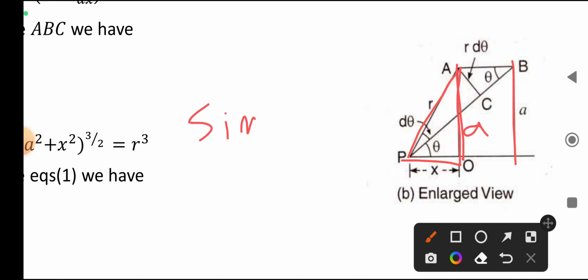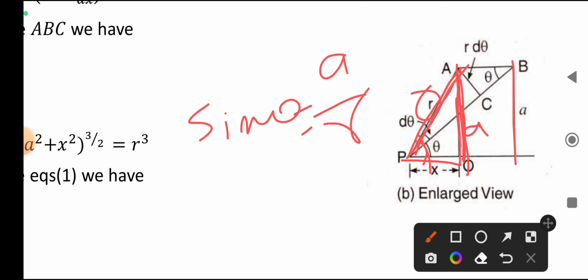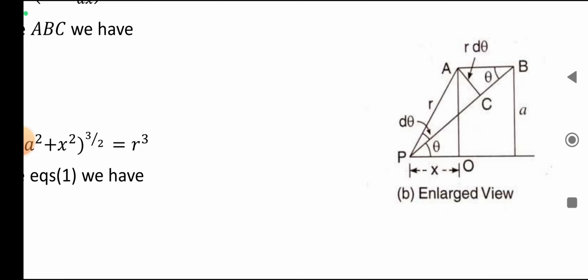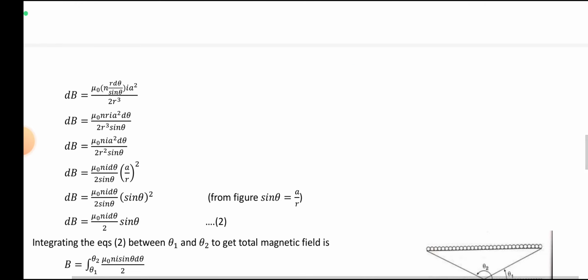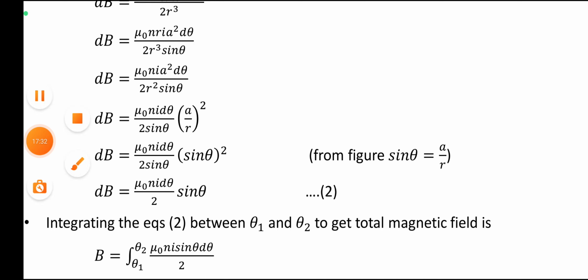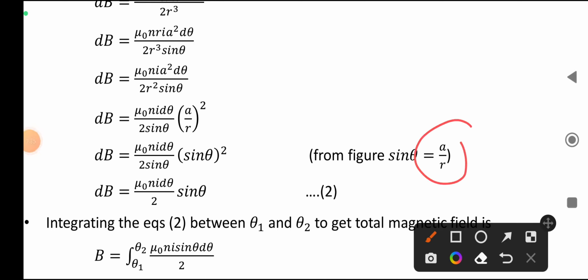Apply sin theta: opposite side is a, hypotenuse is r, so sin theta is equal to a by r. So in the place of a by r, sin theta is substituted, but since square is there, sin theta squared is written. For the square, one sin theta cancels and one sin theta will be there. Now the remaining quantities are like this.